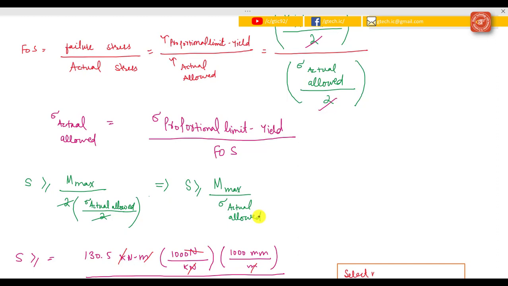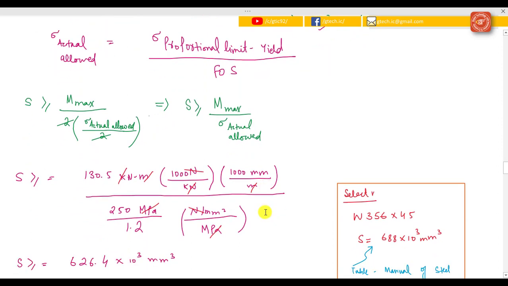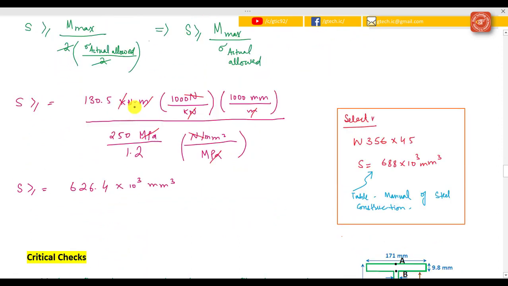So let's go back to our shear force and bending moment diagram. The maximum moment that we experience is 130.5 kilonewton meters. We are going to use the sigma proportional limit or yield from a reference to be 250 megapascals, and for the steel that we are using, we will use a factor of safety of 1.2 for the bridge beam design.